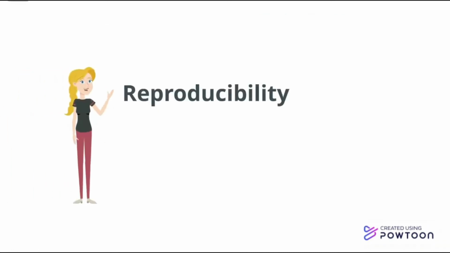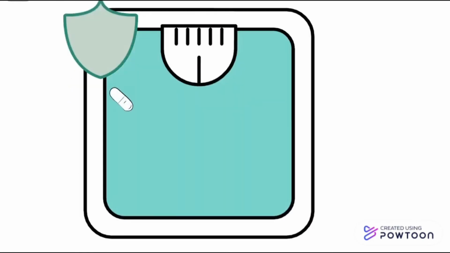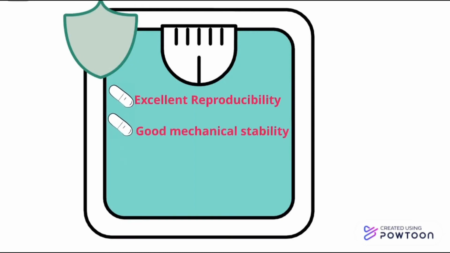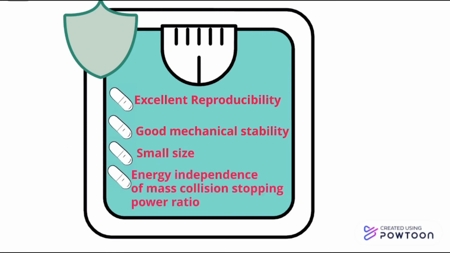The other dosimetric property of semiconductor is reproducibility, where the semiconductor detector has excellent reproducibility, good mechanical stability, absence of external bias, small size, and the energy is independent of mass collision stopping power ratio.